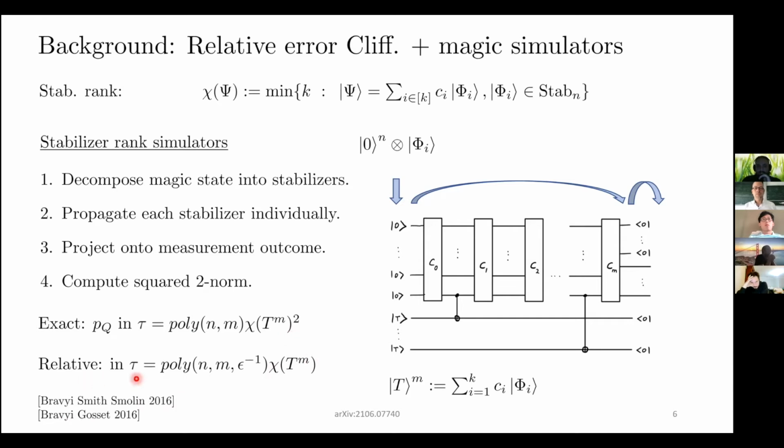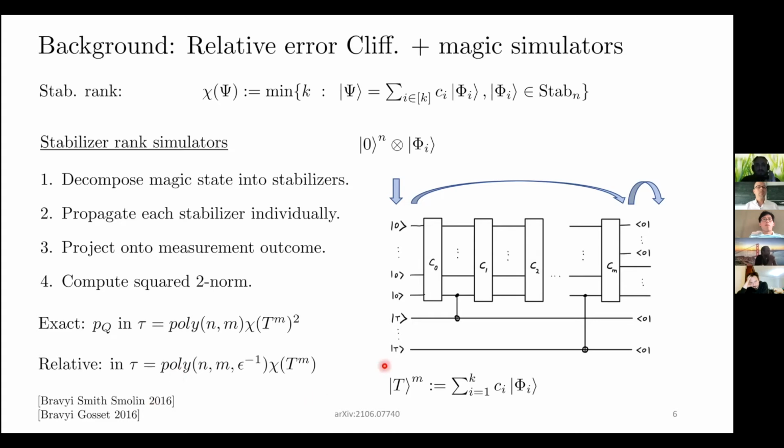And so you could produce a relative error estimate, so these sharp p-hard quality estimates of these Born rule probabilities, in time that scales linearly in the stabilizer rank.